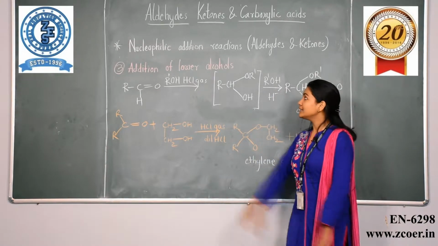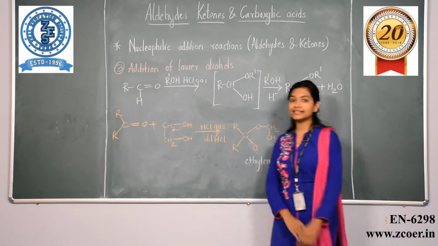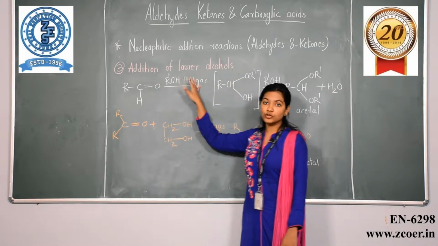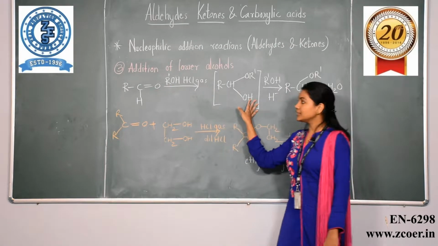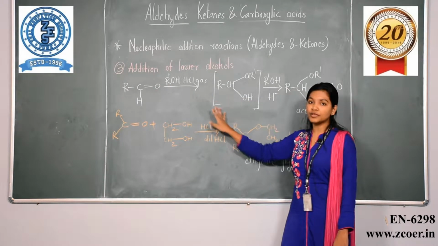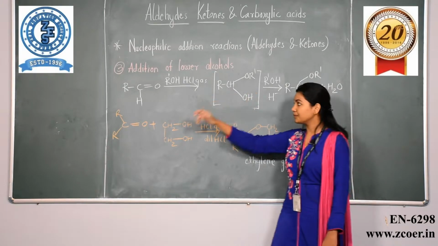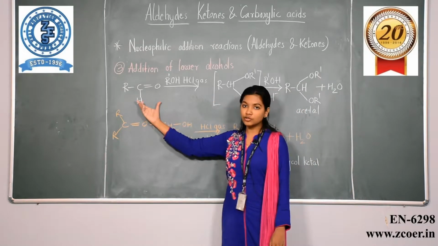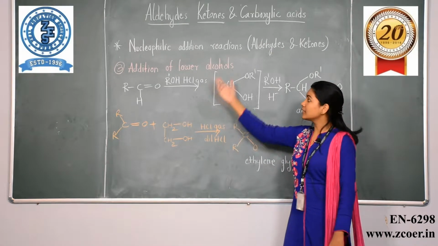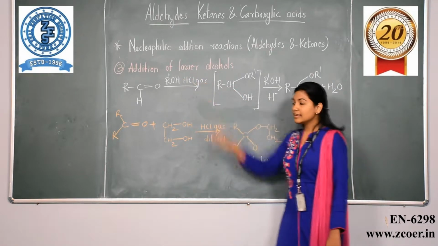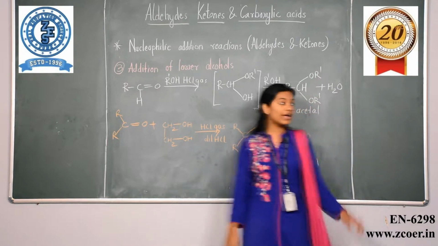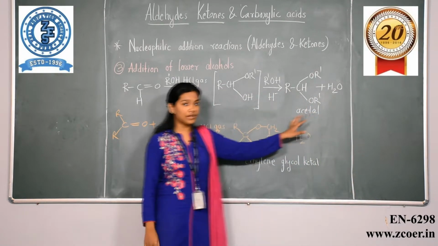Under nucleophilic addition reactions, the next type is the addition of lower alcohols. This reaction gives us a general idea of what is taking place. When the aldehyde or ketone group reacts with alcohols in the presence of hydrochloric acid, an acetal is formed as the final product.